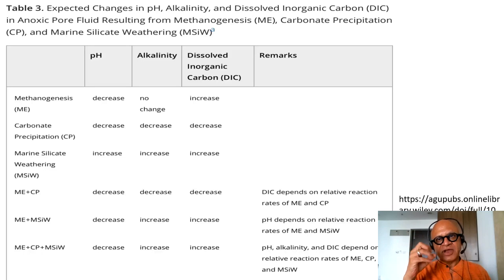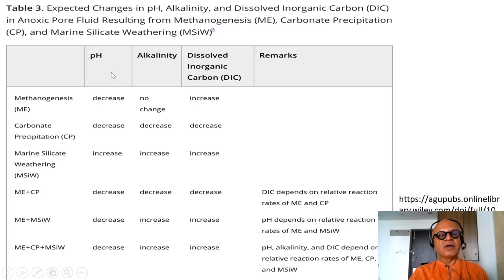The methane pressure then makes it flow out into these pore holes and so on that we had talked about, and various reactions then release that methane into DIC and affect pH and so on.